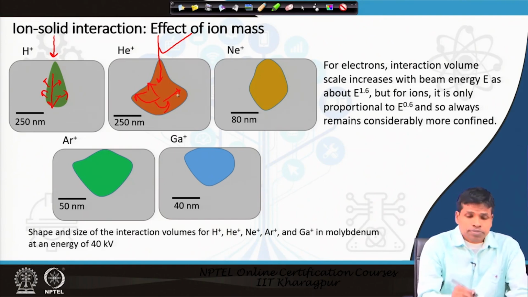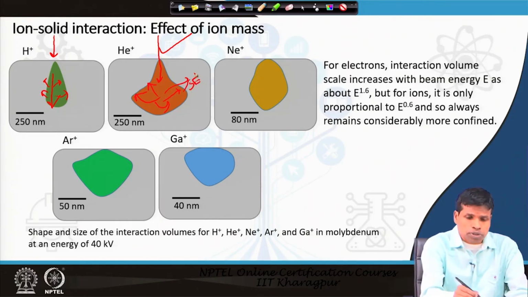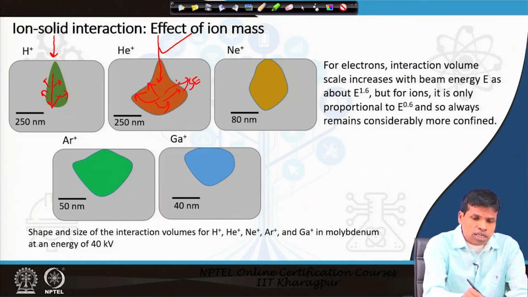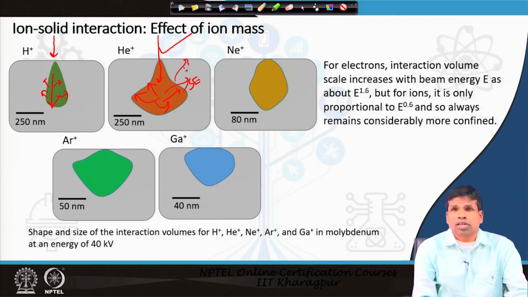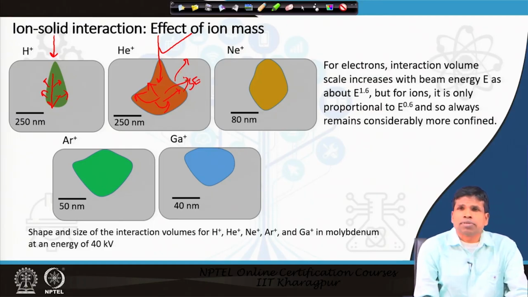But remember that whatever signals are generated here, particularly for example secondary electrons, which are used for microscopy purposes, cannot all reach out of the specimen, they would be self absorbed inside the specimen.